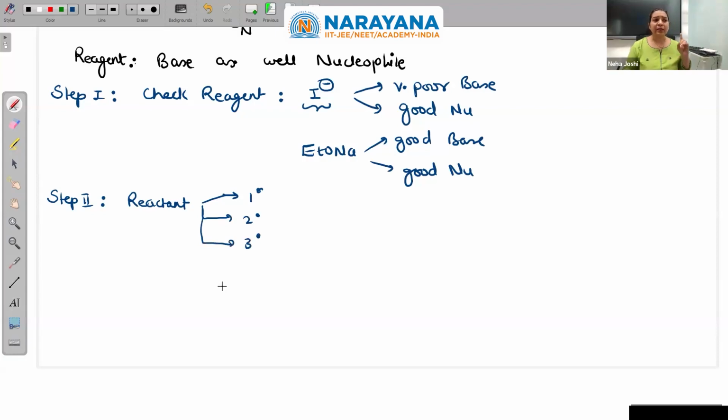Now, when I say compare the reactant, I also intend to communicate that you should also compare the stability of the alkene formed by elimination, the type of reactant, and the product stability. That is a very important factor.